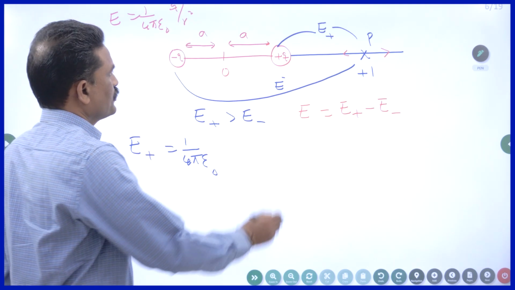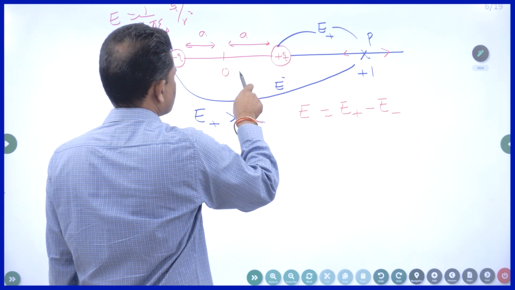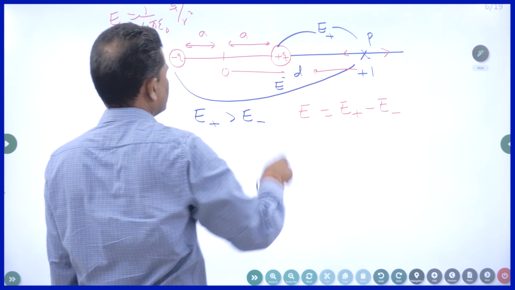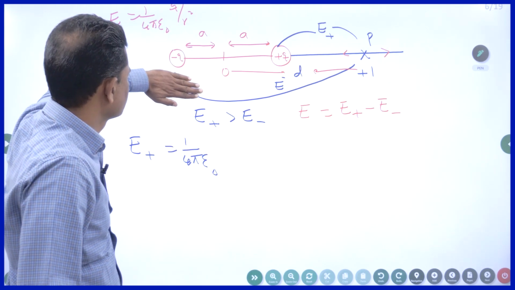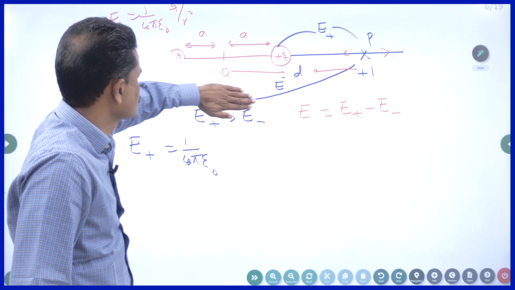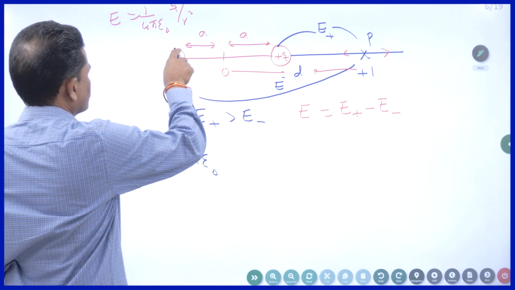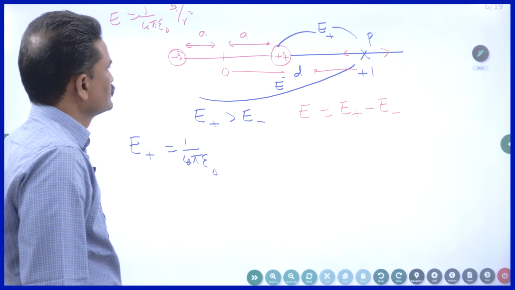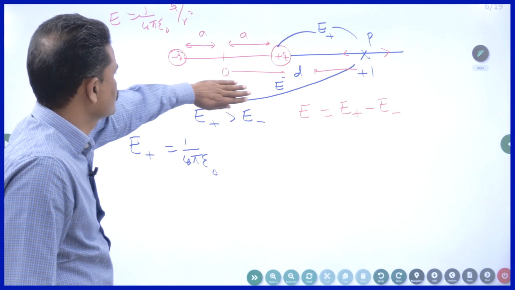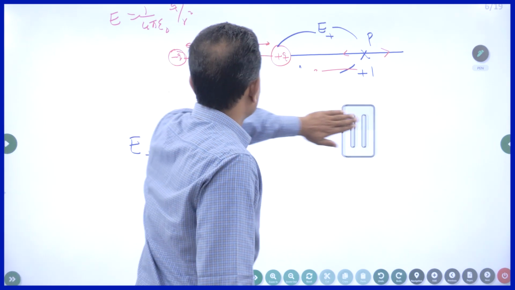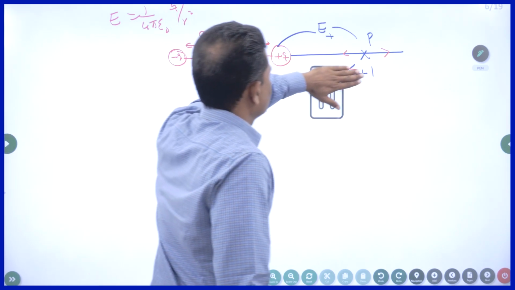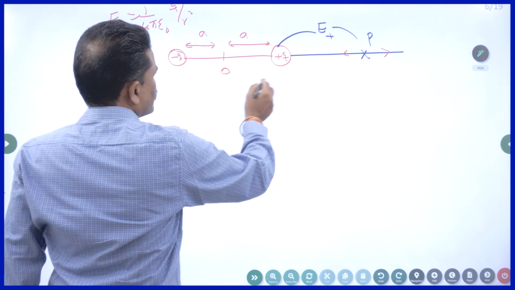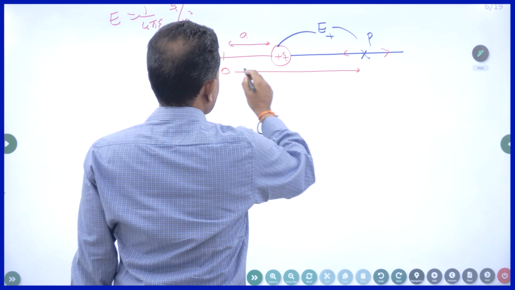Let us say that point P is at a distance d from the center of the dipole. All the time you are supposed to measure the distances from the center of the dipole. So this is the center of the dipole, and the distance between O and P is d.